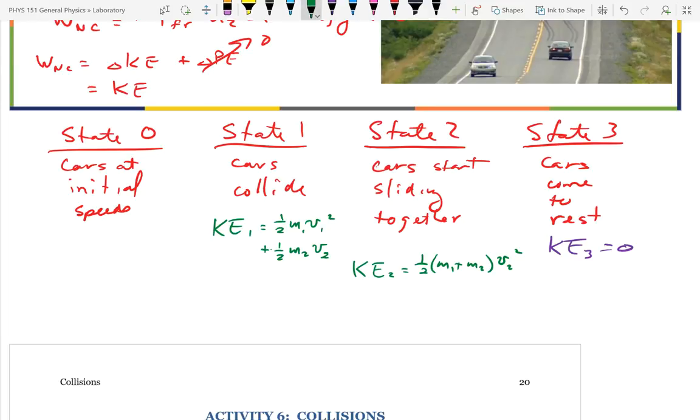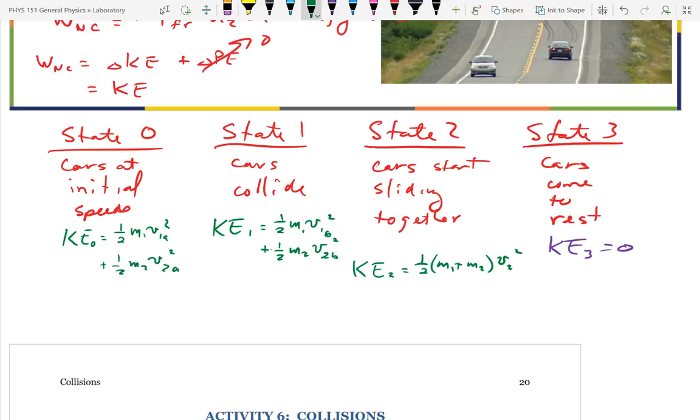So the 2 is car 2 and A is representing state 1 here. So I have the 2 cars at different speeds, hence I have that. And then kinetic energy initial, 1/2 M1 V1A squared plus 1/2 M2 V2A squared. Okay, so those are my kinetic energy terms for each state.